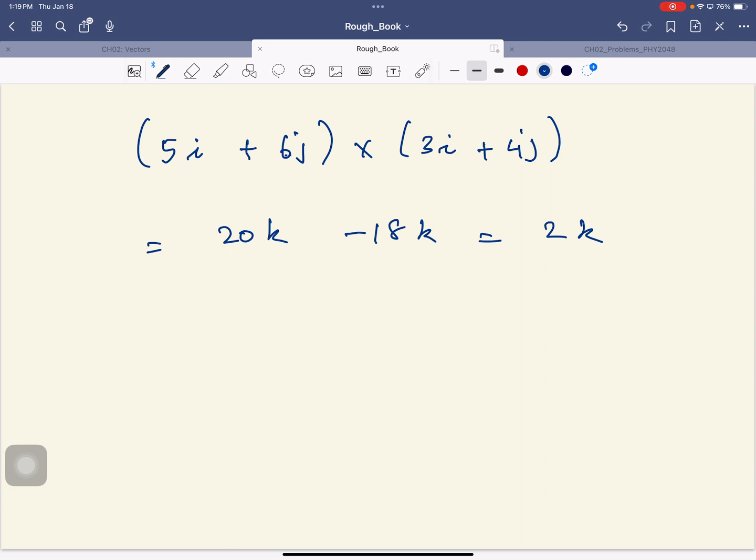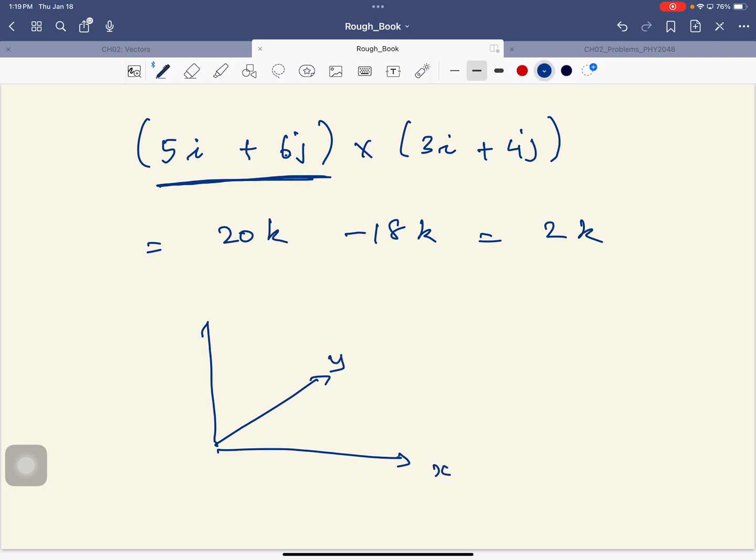Here's what I want you to notice. Where is this vector? It's in the XY plane.